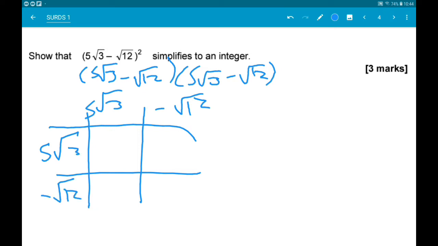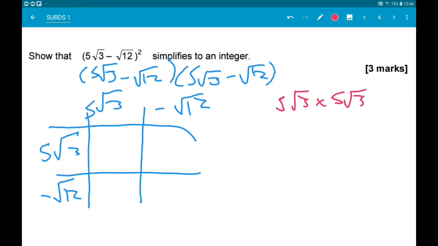Okay, so it's not the nicest. So in the top left box we have 5 root 3 times 5 root 3. Now that means 5 times root 3 times 5 times root 3.